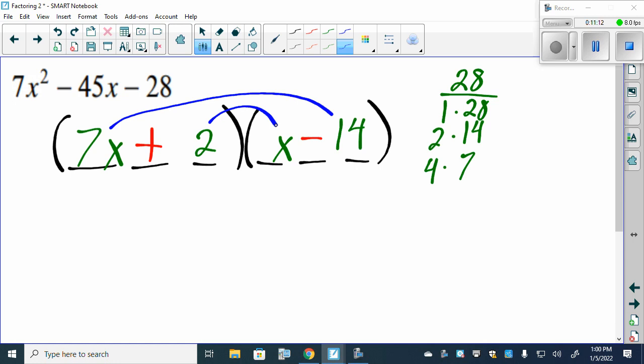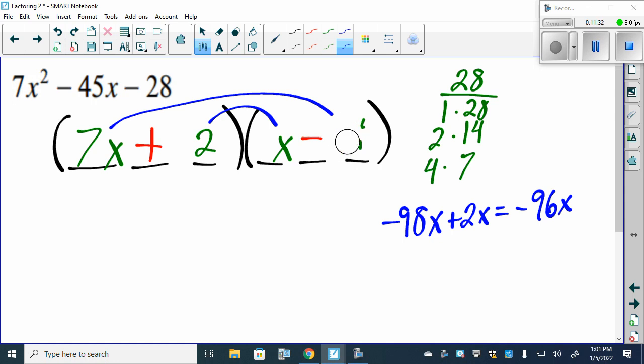Now 7x times 14 is going to be negative 98x. Plus 2x is going to be negative 96x. So we might need to change that.